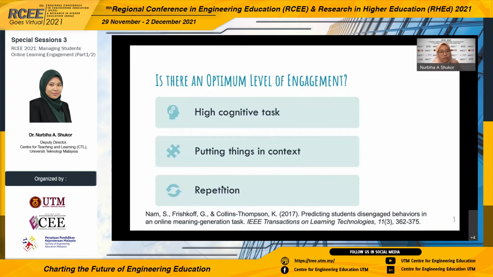So they found out that no matter what level of complexity the task is, if you continuously give high cognitive tasks and repeat that, it also encourages disengagement. So this is what they found.